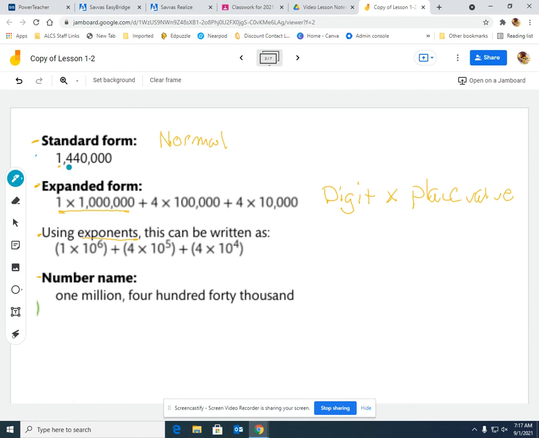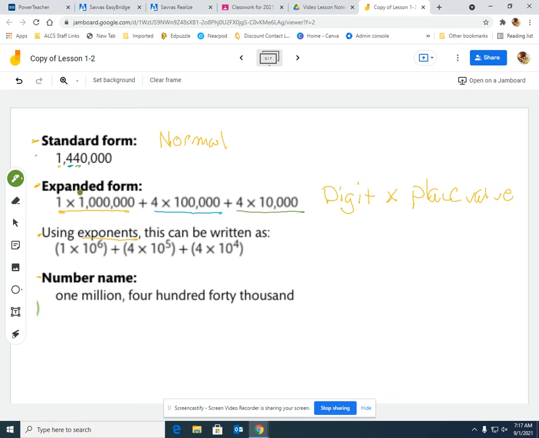That 4 is in the hundred thousands place, so I would do 4 times 100,000. This 4 is in the 10,000s place, so I would do 4 times 10,000. I don't need to put the zeros in simply because we know 0 times 1,000 is 0 anyway.